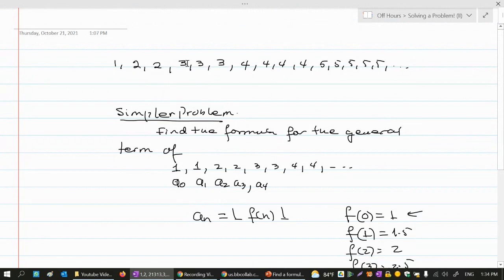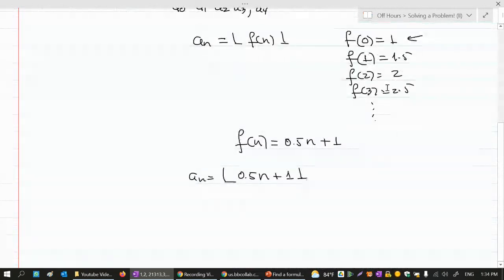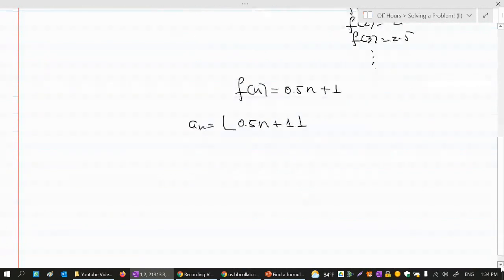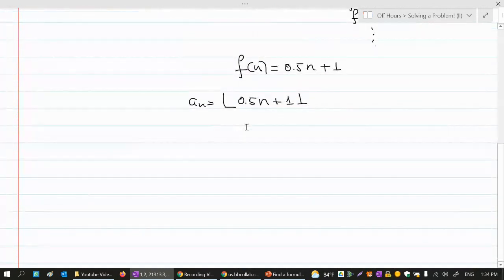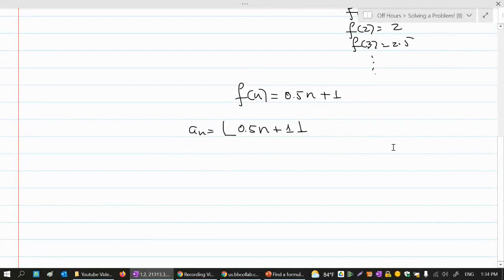The number of twos is 2, the number of threes is 3, and so forth. So I don't think a linear function is going to solve our problem. But let me continue thinking about this simpler problem to see if we can devise a method that can help us solve the more complicated problem.